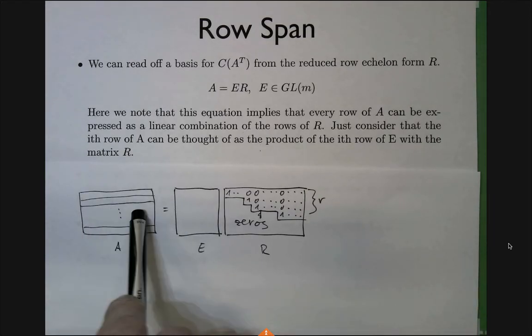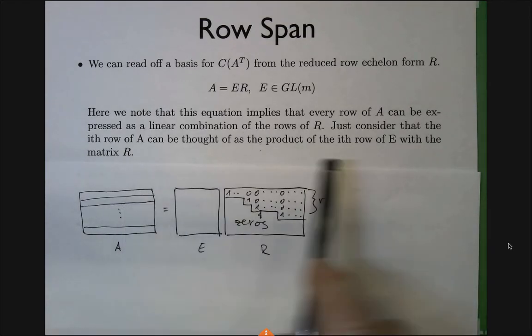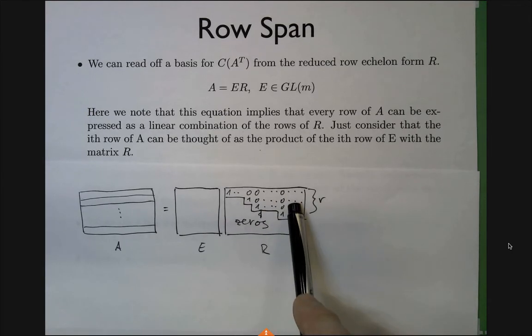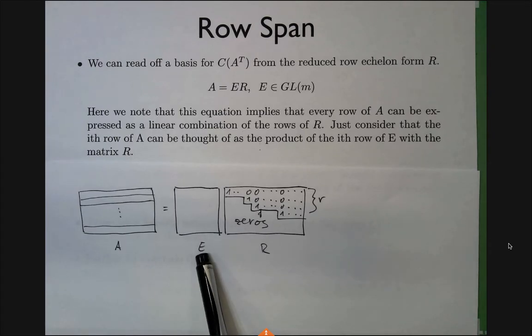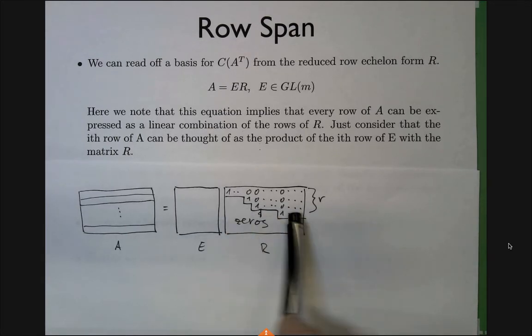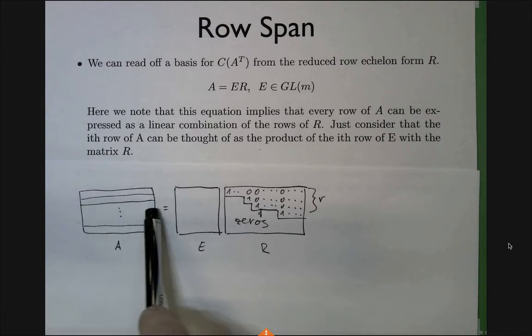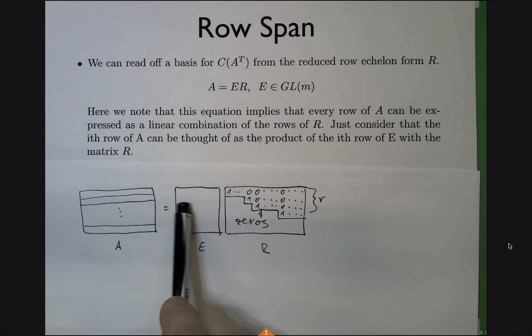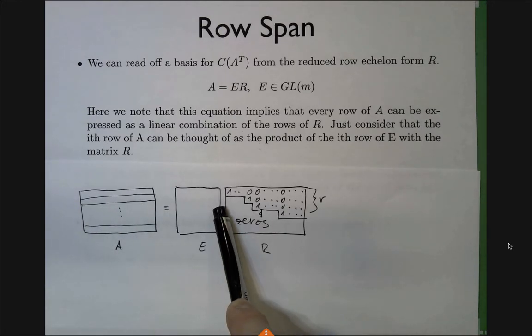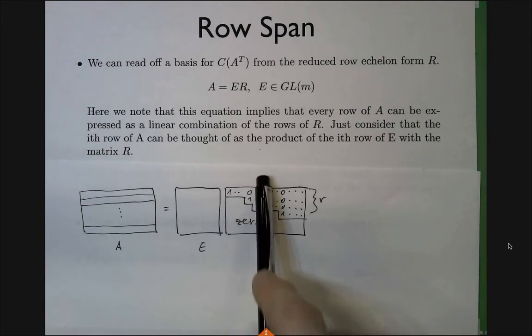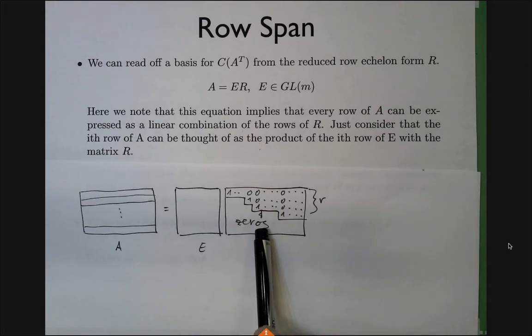So notice that every row of A is a linear combination of the rows in R. That's essentially what the matrix E tells us. That's what the matrix multiplication E times R tells us, right? If I take an arbitrary row in A, I can take the same row in E, and I just do a linear combination of the rows of R with it. Do you see it?